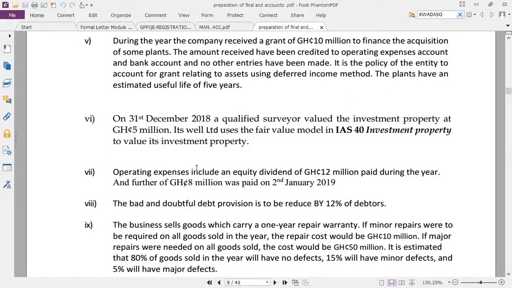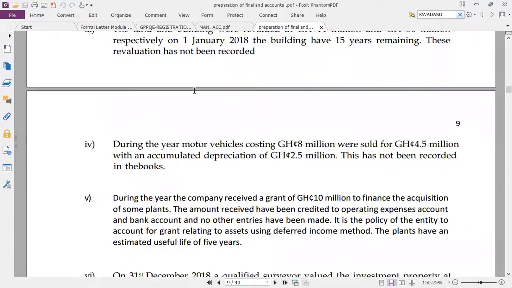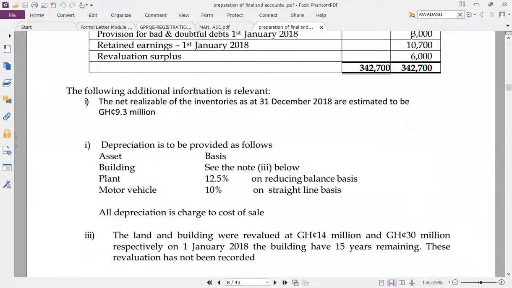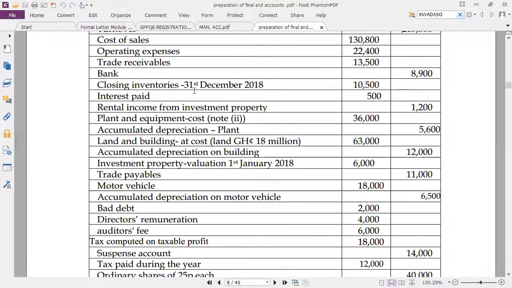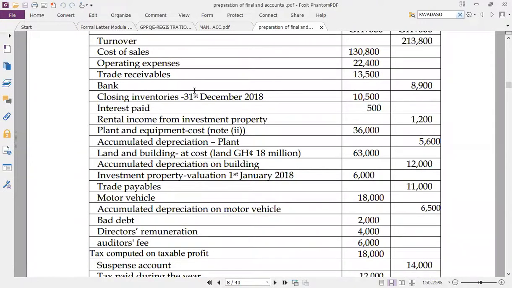Great. So let's go and pick the debtors figure and strike 12% on it. And that is the movement. So debtors figure from the trial balance. That's a trade receivable, 13,500.